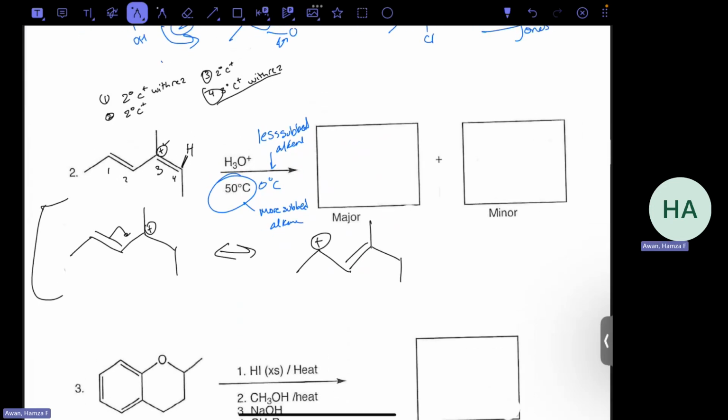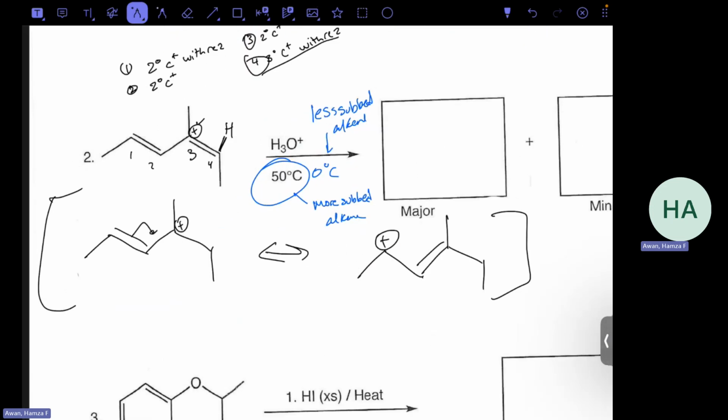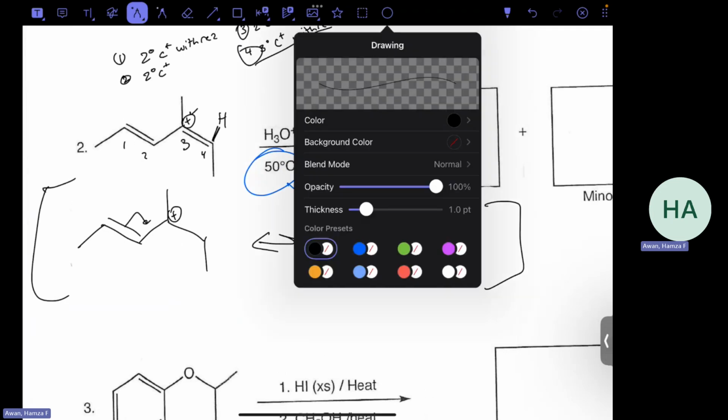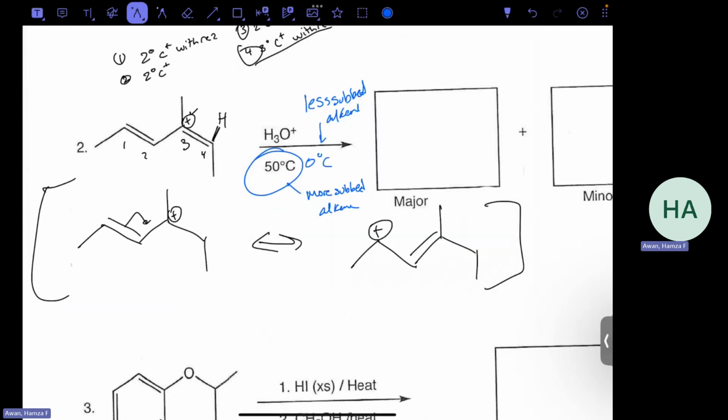To decide which one is major and minor, we're going to look at this temperature. This temperature tells us that the more subbed alkene is going to be our major contributor, because it's at 50 degrees Celsius. So let's look at the subs of each of these alkenes. This first alkene that we drew has one sub.